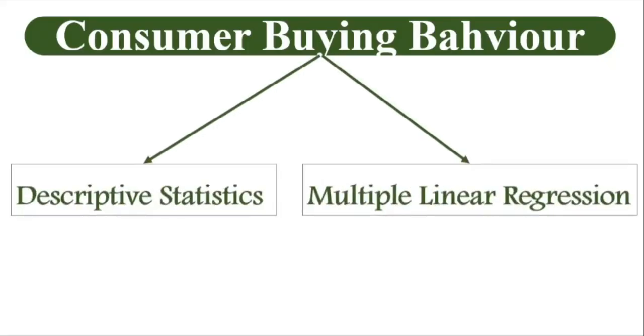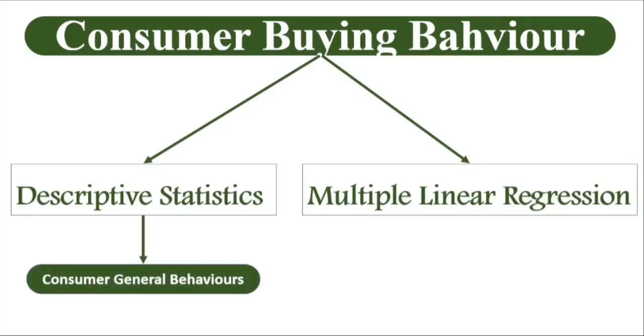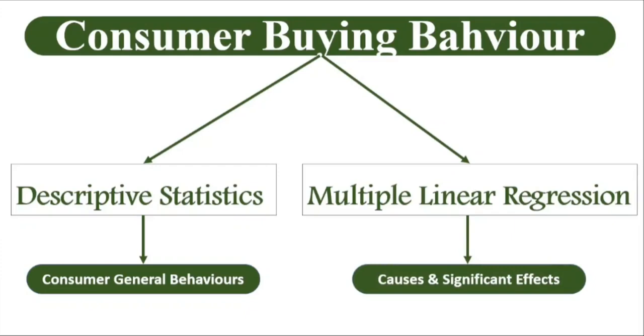To achieve this, I will explore the use of descriptive statistics and multiple linear regression analysis in SPSS. Descriptive statistics will help to grasp the general behavior of consumers by summarizing and visualizing the data through central tendency and dispersion, while multiple linear regression will help to identify the cause of buying behaviors and the effects by identifying which independent variables or predictors have significant effect on the dependent variable, consumer decision to buy or patronize a product or service.